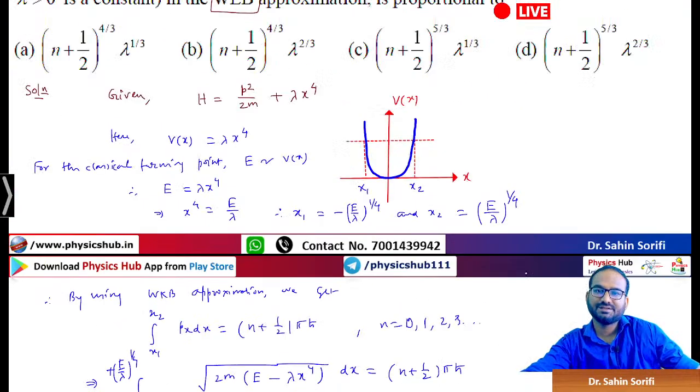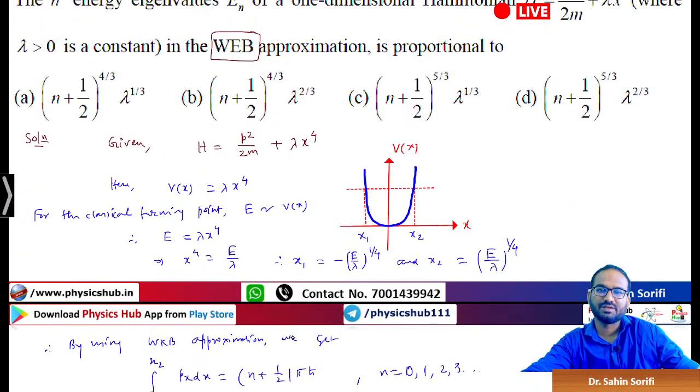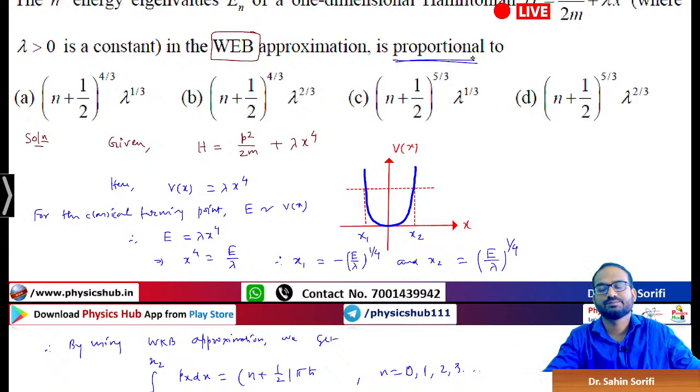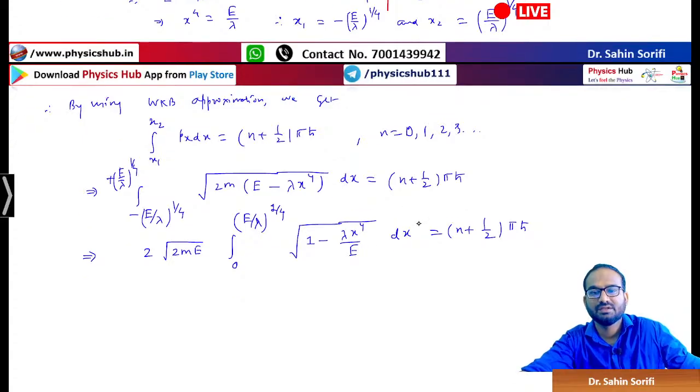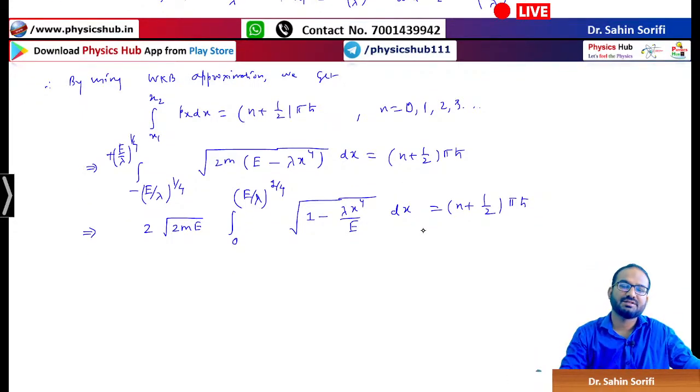The good thing is we do not need to carry out the integration completely. It is asking you what this is proportional to. So even without calculating the integration, we can say the dependency of energy on these quantum numbers.